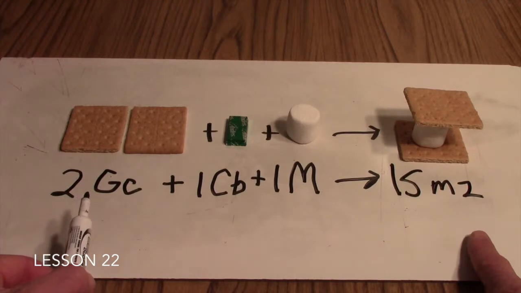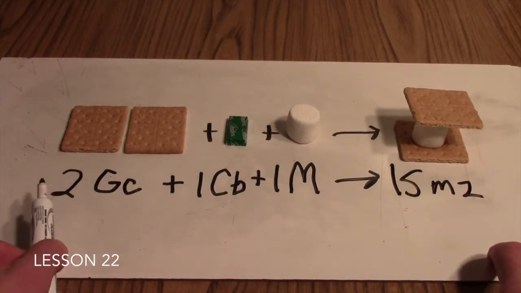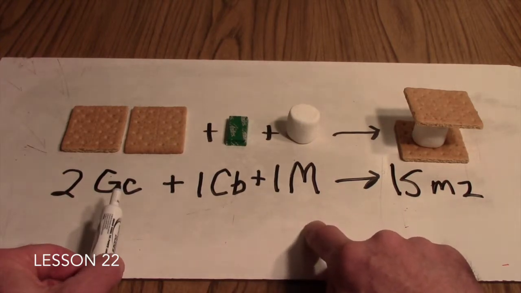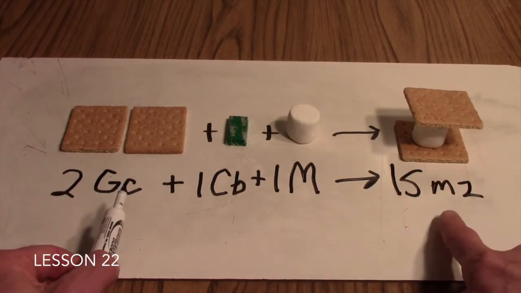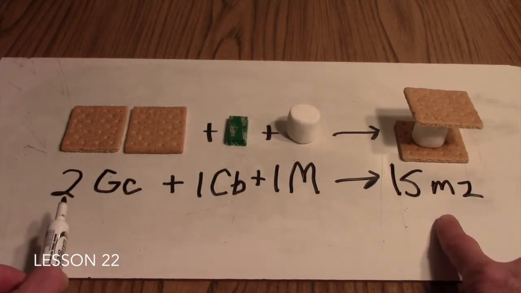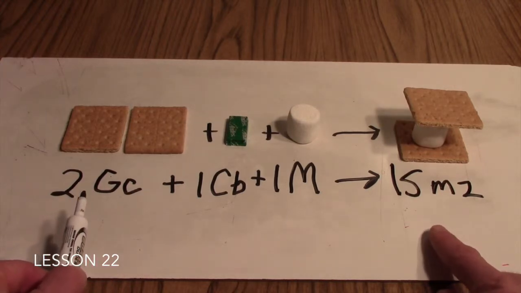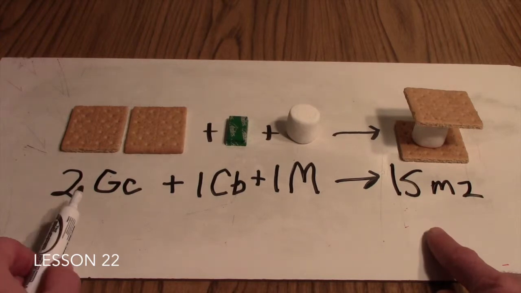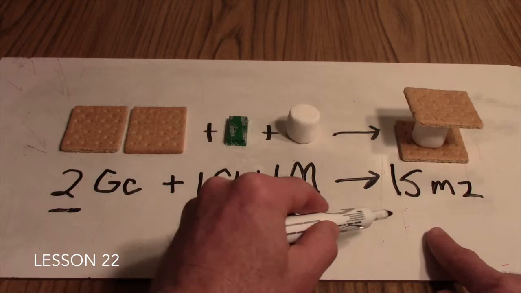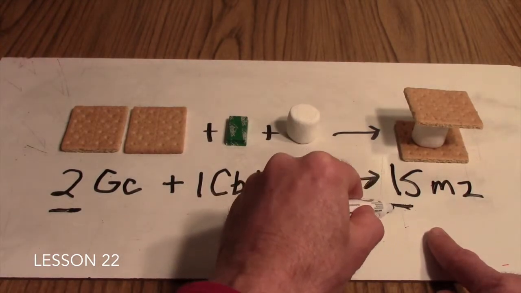Well, hopefully your students will say, if we've got twice as many graham crackers and enough of these 2 items here, we should be able to make twice as many s'mores over here. And point out to them, they were looking at the ratio between the number of graham crackers it takes to make a s'more.